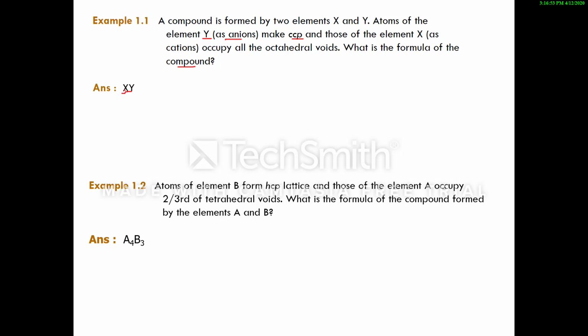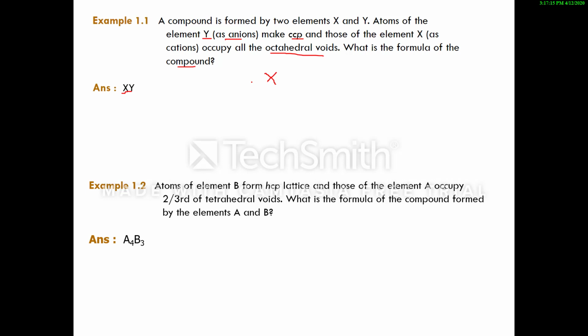As we know, when we write the formula, as already discussed, the cation is written first and the anion is written later. Here X is the cation, and X occupies all the octahedral voids.